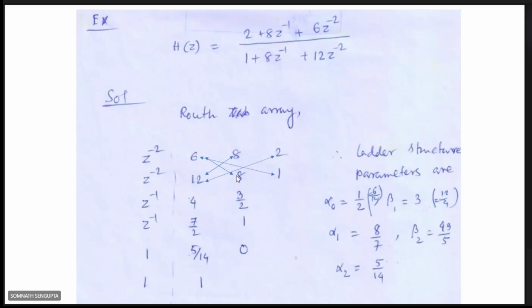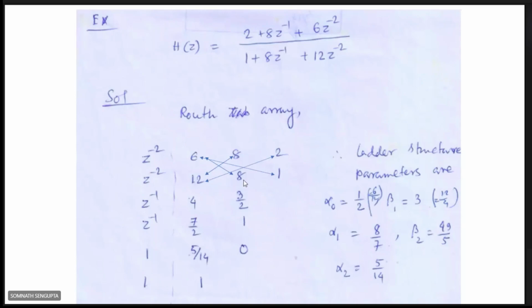So how this is calculated: first you write down the numerator coefficients, then the denominator coefficients, then for this term, 4 is calculated as 12 into 8, which is 96, minus 6 into 8, 48, divided by 12.